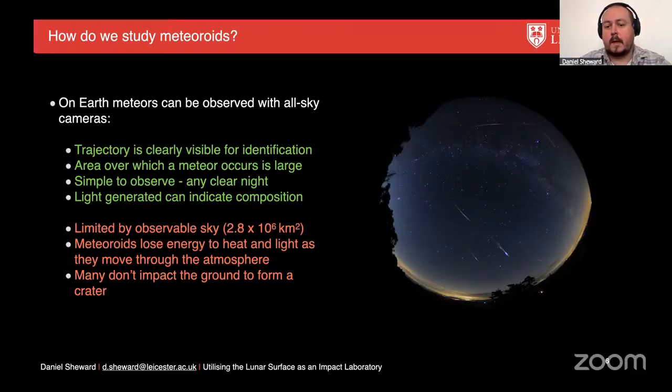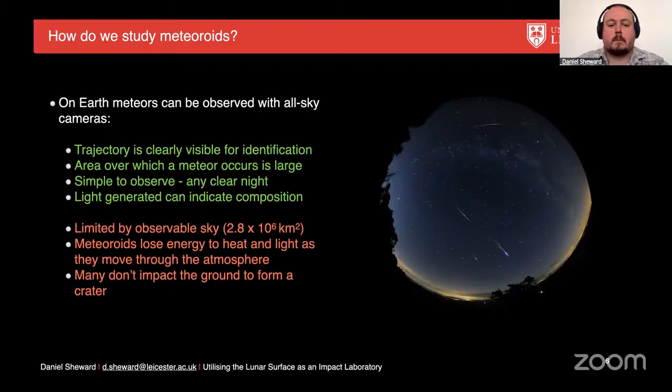And the light that they emit is from them ablating, so it actually tells us about the composition of these objects. But it is limited to what you can see, obviously. At the altitude that meteors are formed, you only get about 2.8 times 10 to the 6 kilometers squared of observing area.